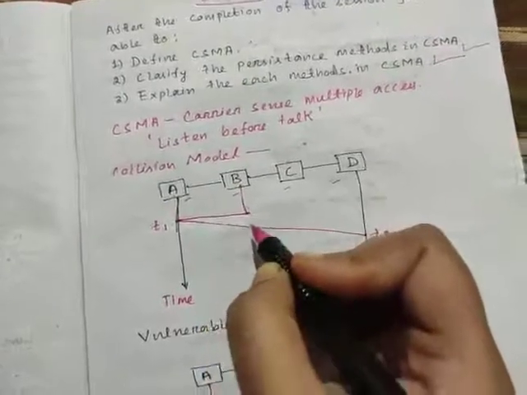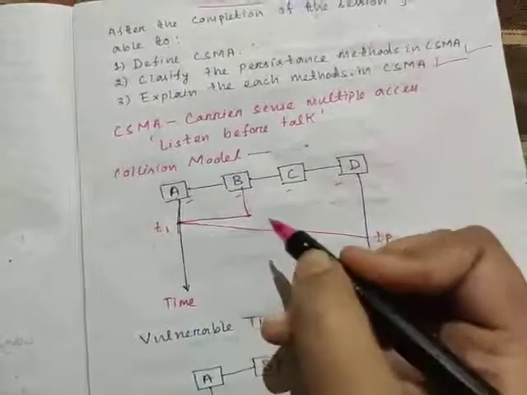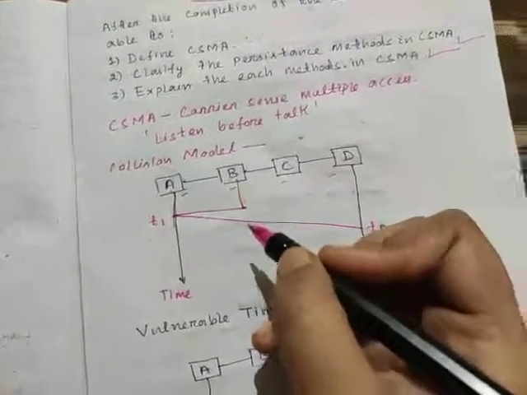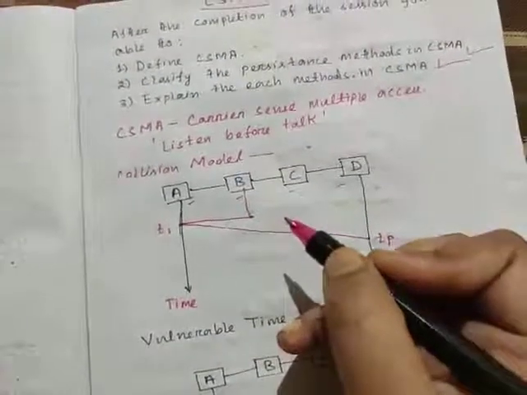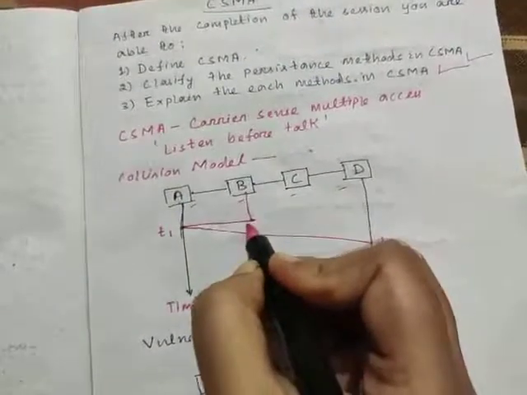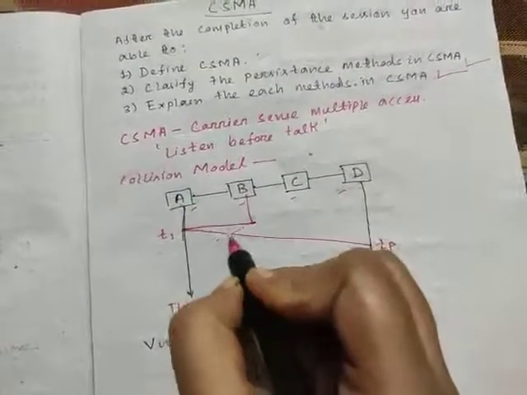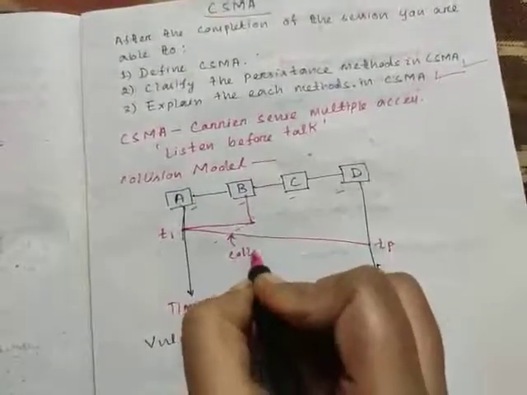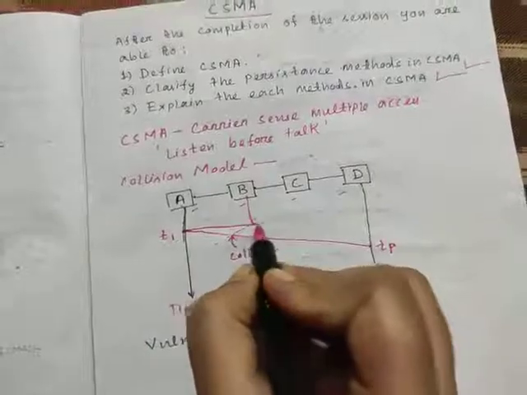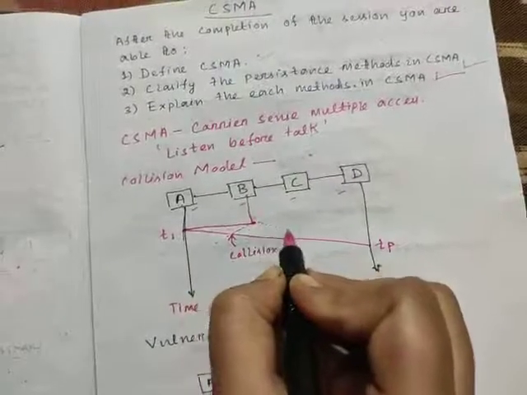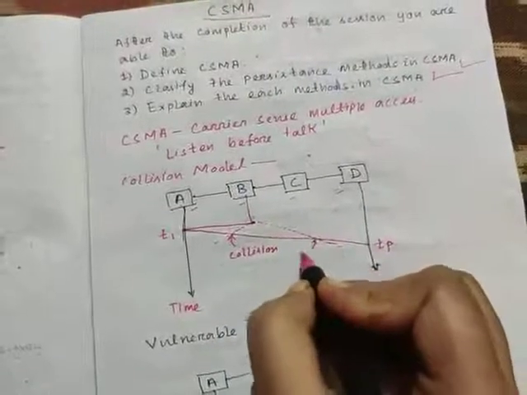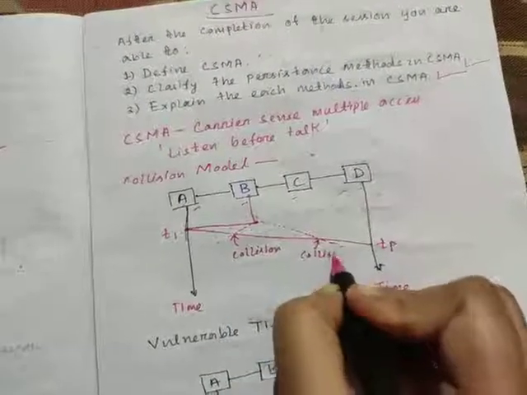If within this time B senses the channel, the channel seems idle and it starts to send a packet. If it sends the packet in this direction, there is a chance of collision. Again, if it sends the packet in this direction, there is also a chance of collision.